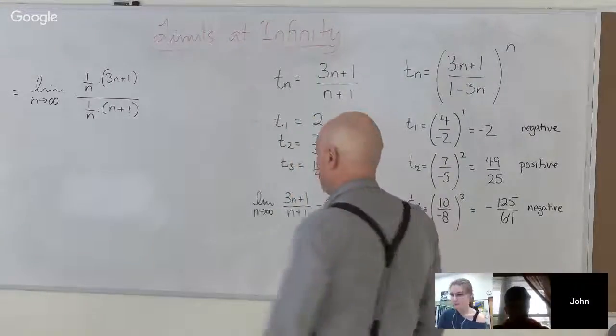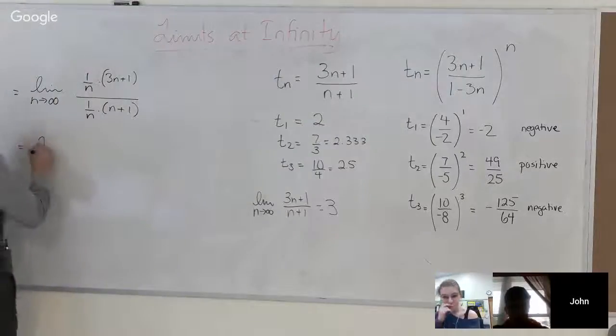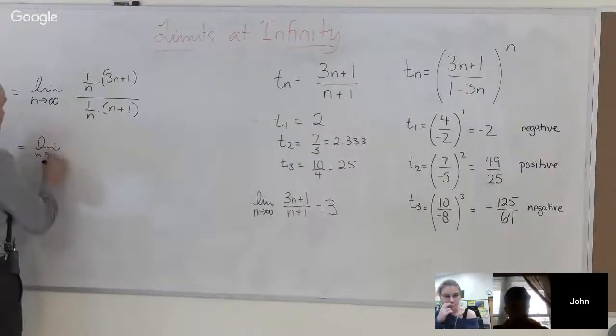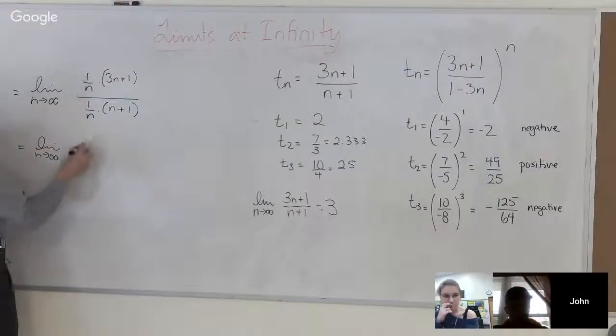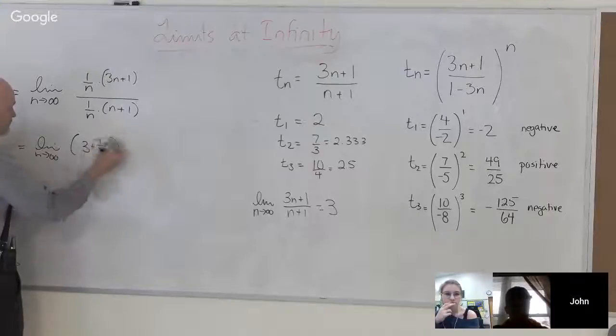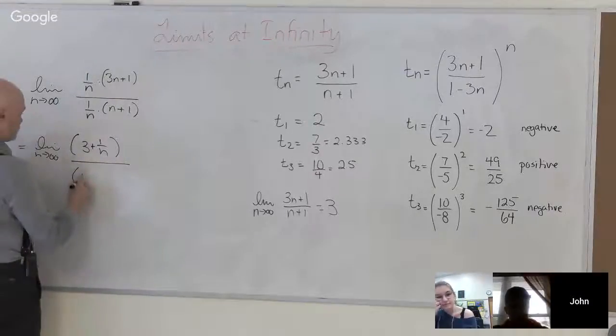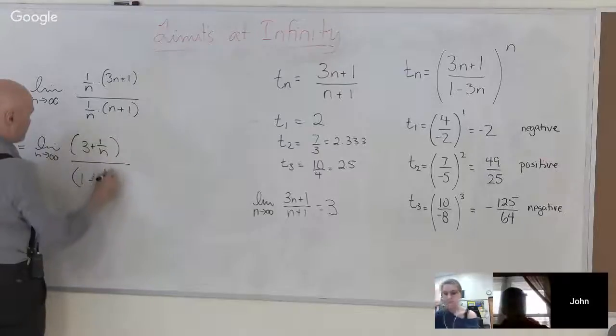Very good. 3n over n is just 3. 1 times 1 over n is 1 over n. And 1 over n times n is 1, and this is going to be plus 1 over n.